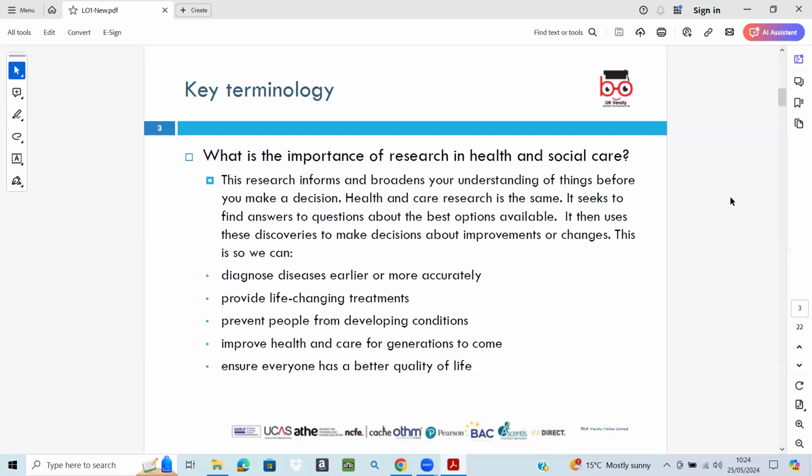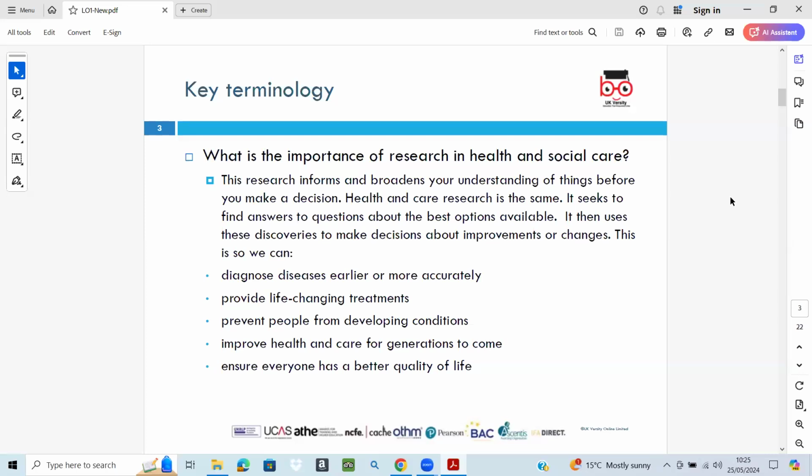Research is important in health and social care for many reasons. By informing and broadening our understanding, it helps us make decisions based on solid evidence.